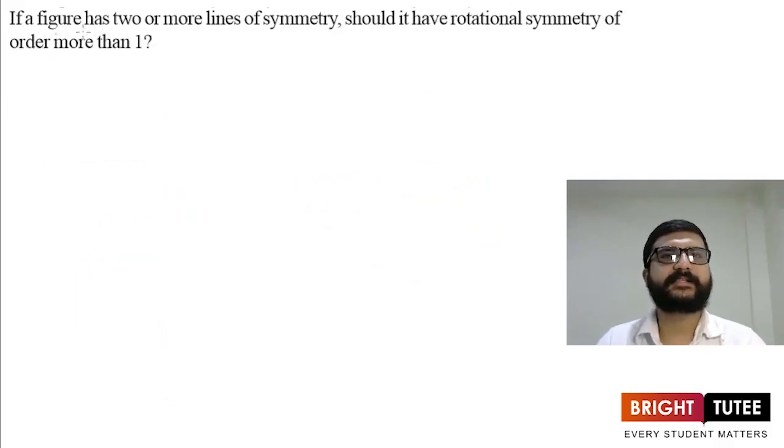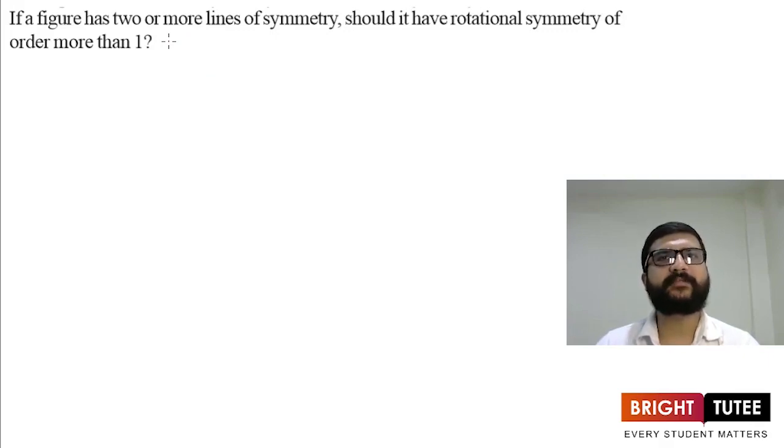Now the next question is, if a figure has 2 or more lines of symmetry, should it have rotational symmetry of order more than 1? So what do you think about this? Till now we have seen many examples and we have seen that whenever a figure has 2 or more lines of symmetry, then it has rotational symmetry of order more than 1.